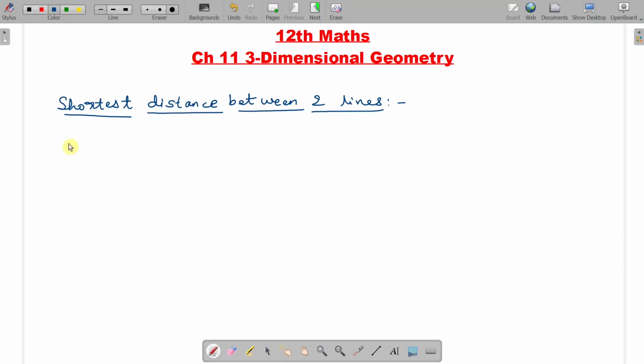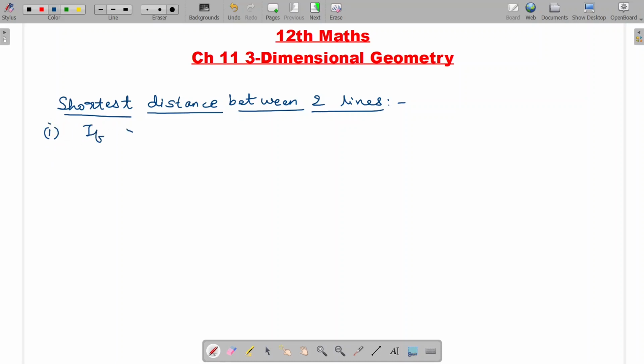Now, if two lines are intersecting each other, then the shortest distance between them is 0. That is the first thing.